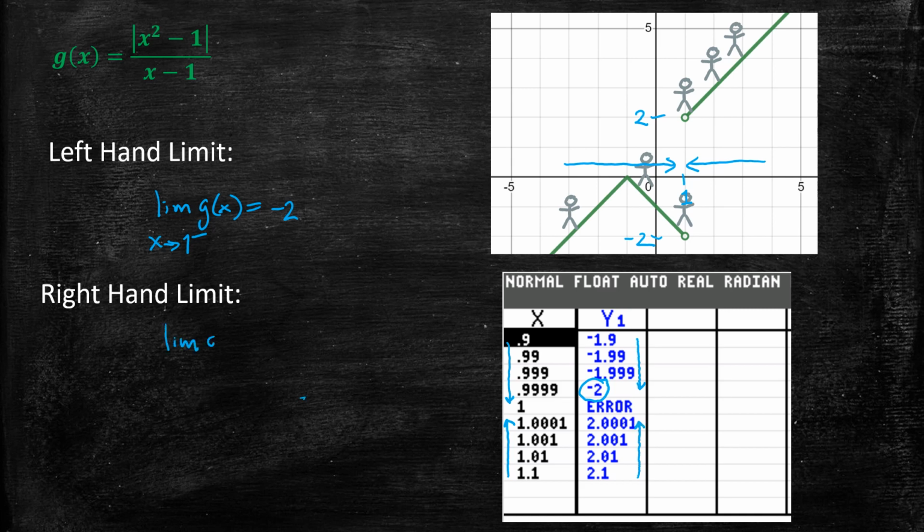So we write this as the limit of g of x as x approaches 1 from the right, put a plus there, equals 2. Because these values don't match, according to the definition, we know that the limit of g of x as x approaches 1 does not exist.